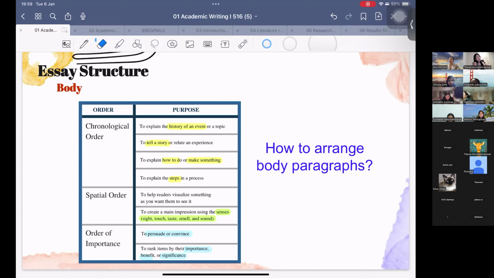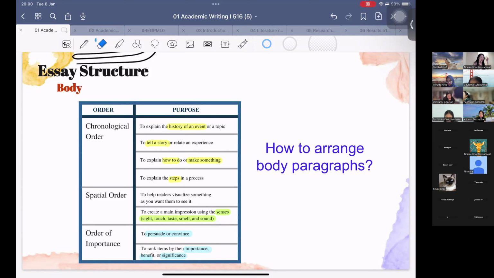You organize your paragraphs based on importance, whichever reasons, benefits, or drawbacks you feel are the strongest or most convincing. You might put them first or last. So this is your choice how you arrange it.